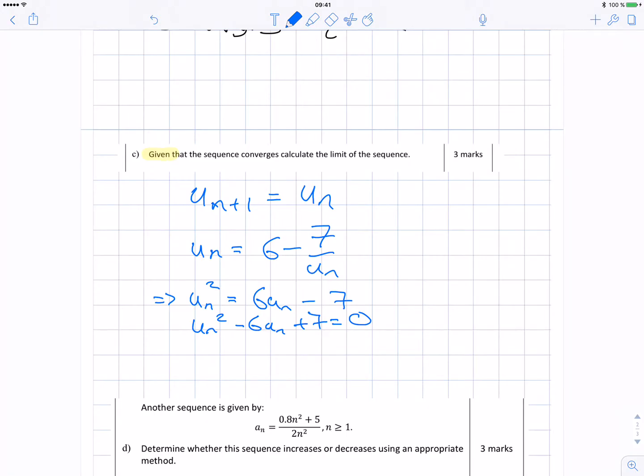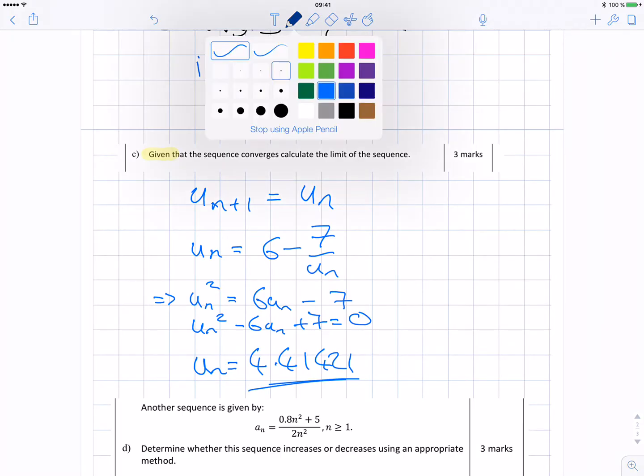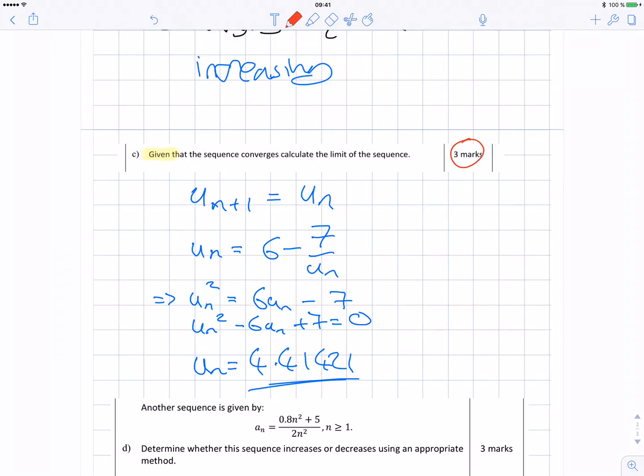And I get a value for un of 4.1421. I should have said it was increasing in part B, but because it's increasing, we know it has to take the value of 4.1421 rather than the 1.58, which is the other answer it gives.